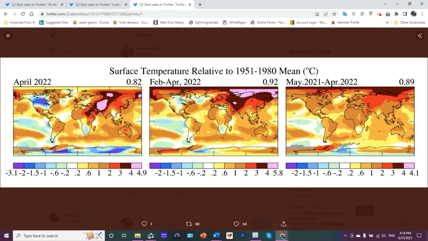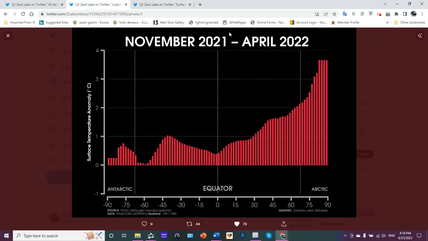Okay, these values show how much warmer the entire surface of the planet is relative to 1951 to 1980. So he's trying to take these and relate it to the information we just showed here.